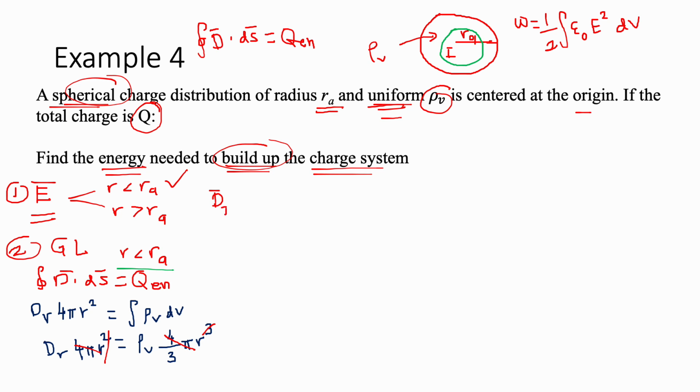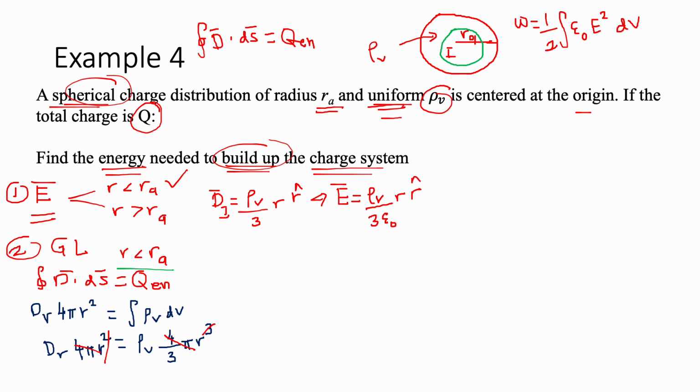In region number 1, your D is equal to rho v over 3, times r, in R direction, because it is dr just now. And once you know your D, you can determine your E. So your E will then become rho v over 3 epsilon naught, times r, in R direction.